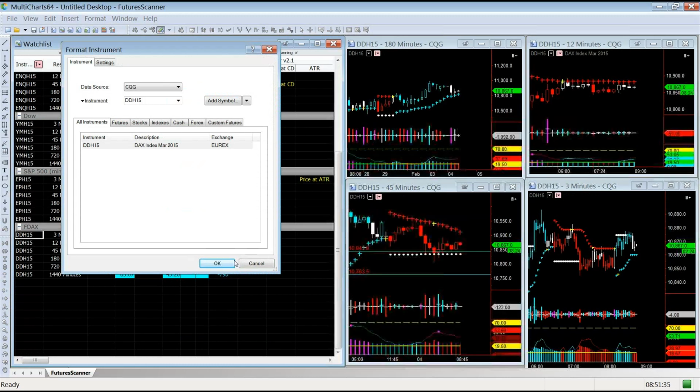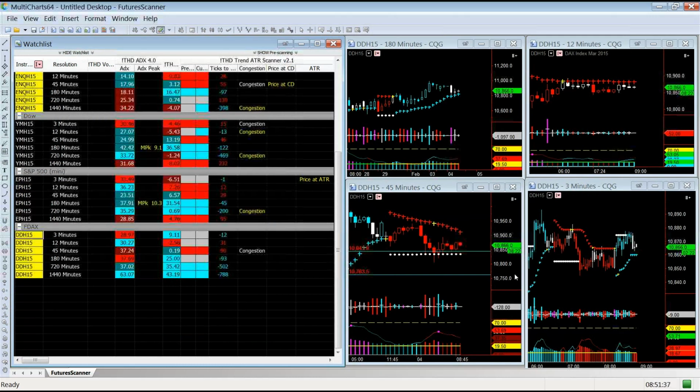Now, this is a market that actually moves more than any one market should ever move. Okay? I love trading the DAX. But it's a market that I honestly believe new traders should not trade. And if you want to know why, it's very simple. It will absolutely devastate you if you don't know what you're doing.